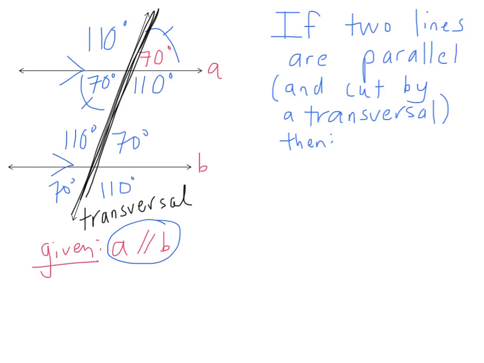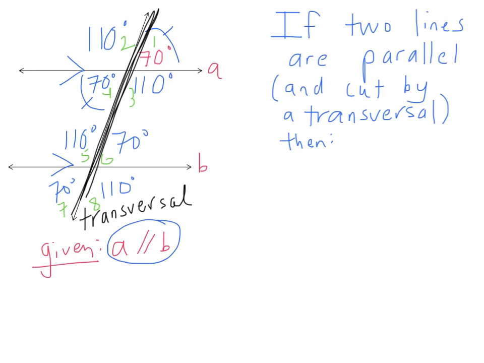Now we can start to look at some interesting factoids. Let's say we call this angle 1, angle 2, angle 3, 4, 5, 6, 7, and 8. What's really kind of neat is now we can start to look, based on the last video, and name interesting things. So I would recommend you do this again on your own and kind of pause it.